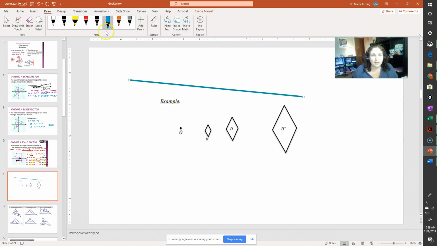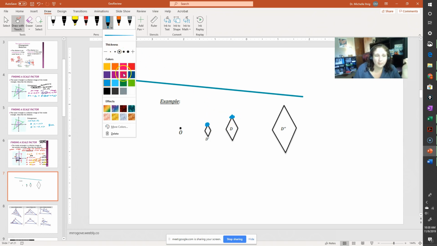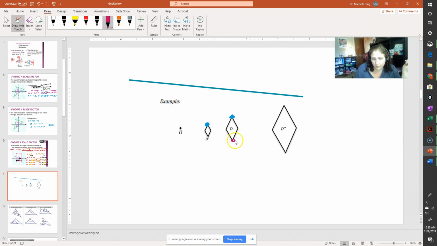So if I'm looking here, I know that this point is my D. And I would say this point right here would match here. And the bottom points would match here.